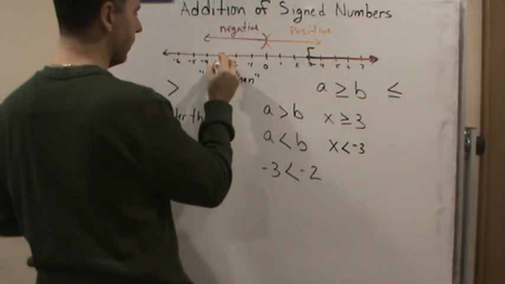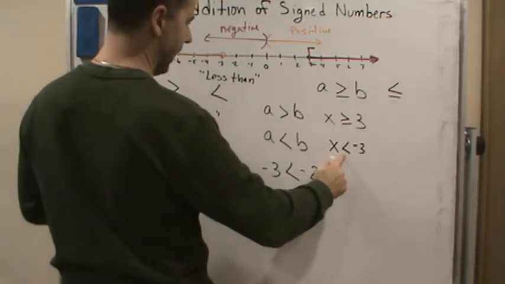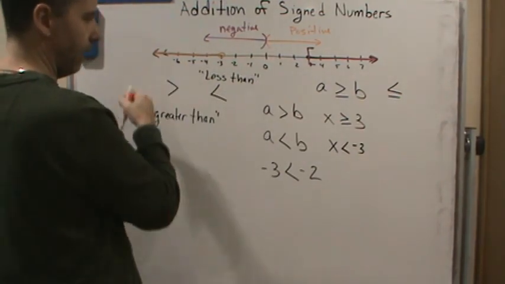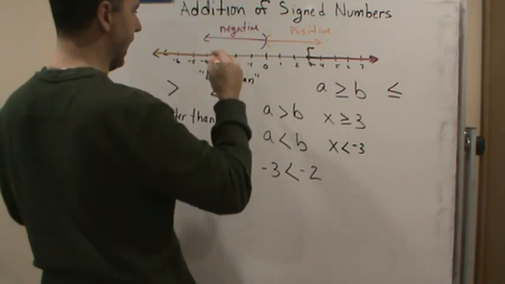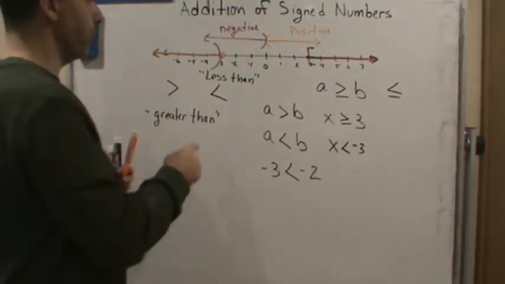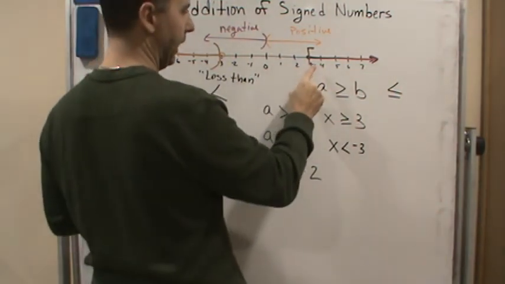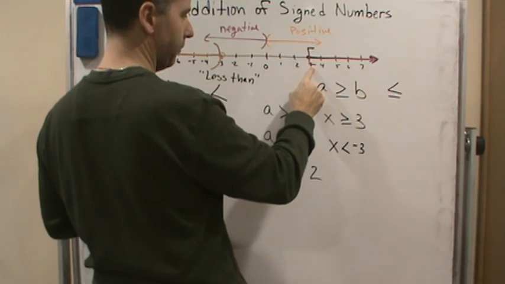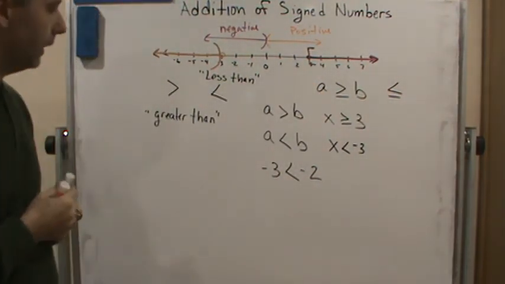And then I would just have an arrow going this way because it's less than, so that would go to the left. Again, I could also represent this as a parenthesis. You wouldn't do both, but it's either a parenthesis or an open circle, either a square bracket or a solid circle. That's it.